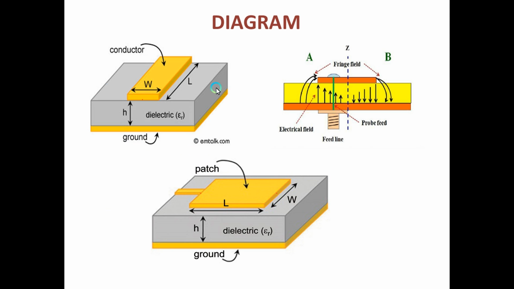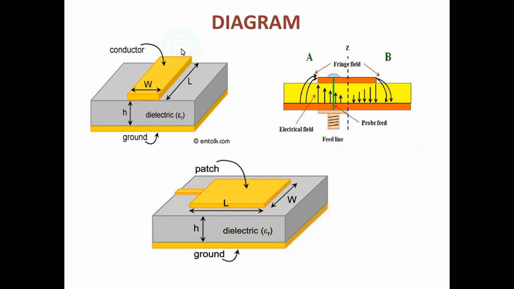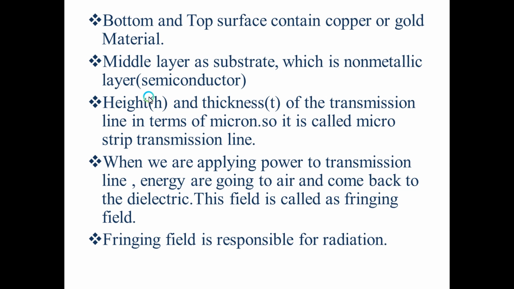See here, the transmission line has a width and a thickness T. The thickness of the transmission line is very low, in terms of microns, so it is called a microstrip transmission line.